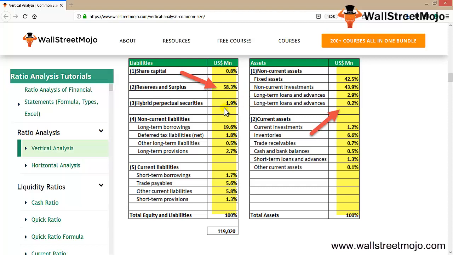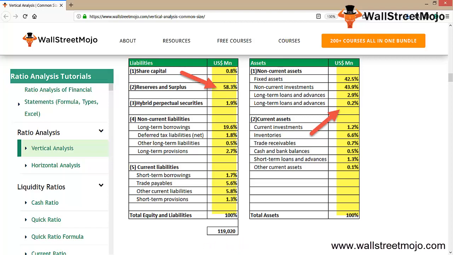So in this case, for making the common size balance sheet, we have basically converted all the elements of the balance sheet, let it be liability and asset, as a percentage of the total amount. So over here, the liability and the asset total are going to remain the same. So all this amount is the percentage of the total amount.